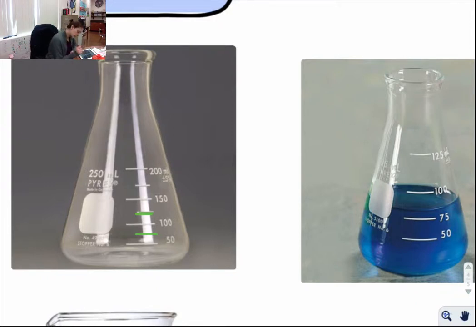Because if you say, for example, I have a water line that is, and I'm going to undo this one here, somewhere right maybe here. Okay, so I fill this up and I've got about right there. You might think, well, I know I've got at least 100, not quite 125. So I'm going to say I have 122.